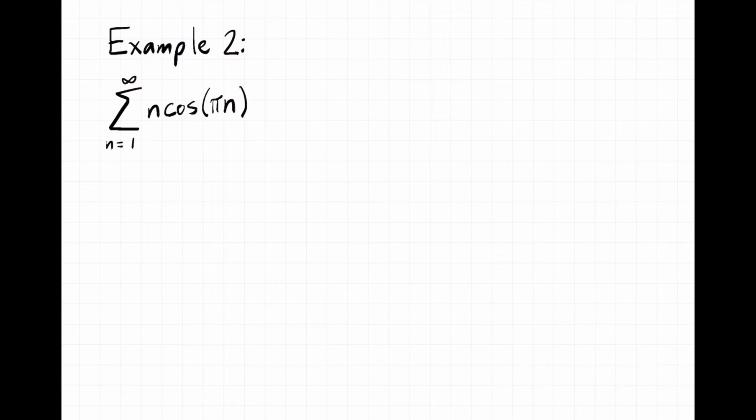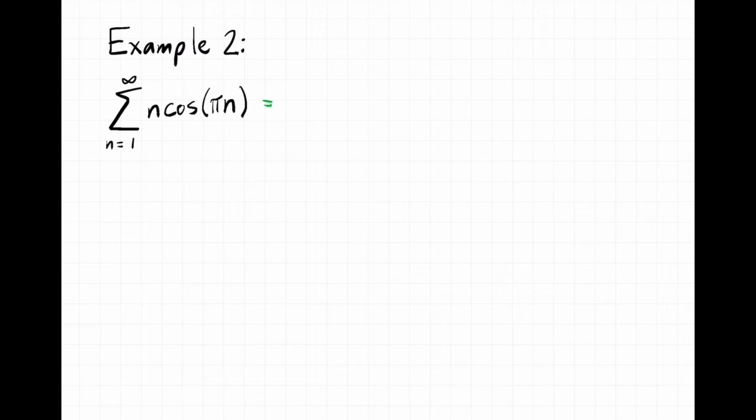Here's another example. The sum as n goes from 1 to infinity of n times the cosine of pi n. Now, we don't see an expression -1 to a power here. So is it really an alternating series? Well, the question is, what is the cosine of pi n for any n? Let's write out some terms again.